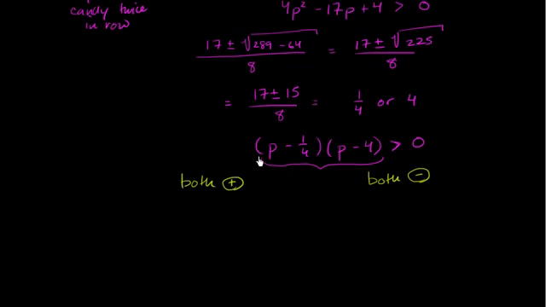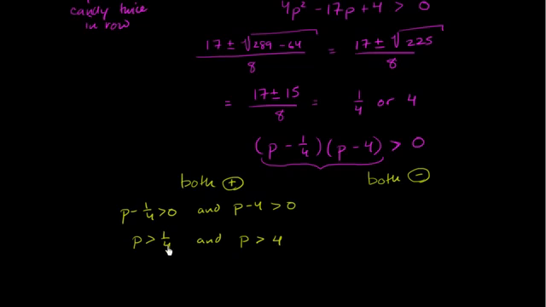So if they're both positive, that means that p minus 1/4 has to be greater than 0, and p minus 4 is greater than 0. Add 1/4 on both sides right over here. You get p is greater than 1/4, and p is greater than 4.